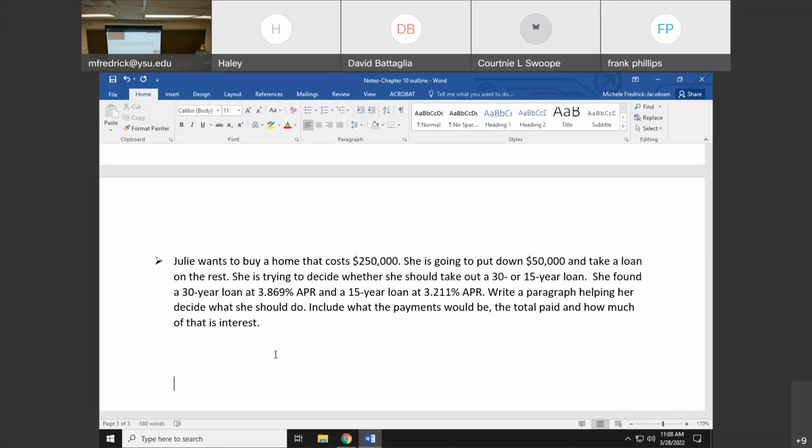So we'll start with the 30-year loan. You want to go back and look at your payment formula. How much is the loan for? Because she's going to make $50,000 down. A lot of times, if you do a 30-year loan or a 15-year loan, your interest rate in the 15-year loan is usually better.